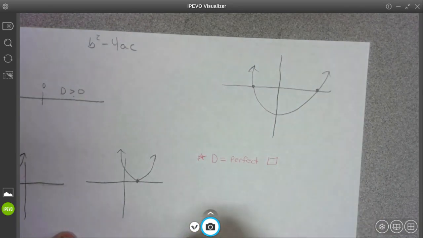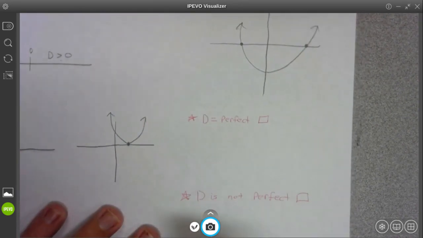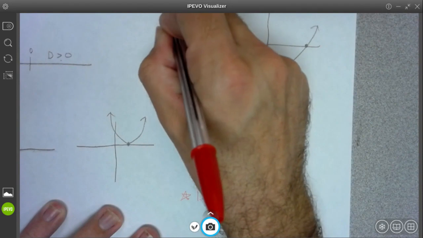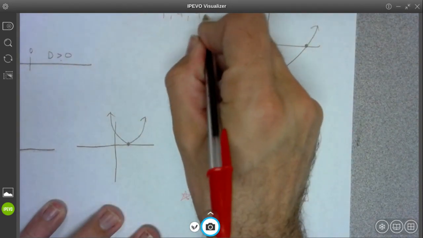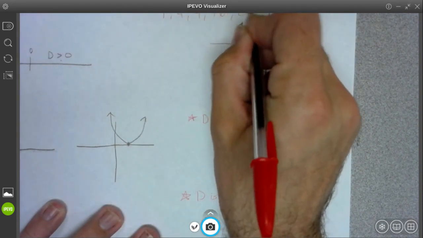All right, and then the other case is, when it's not, when D is not a perfect square. Hopefully you remember what a perfect square is. Perfect squares are the numbers like 1, 4, 9, 16, 25, and so on.